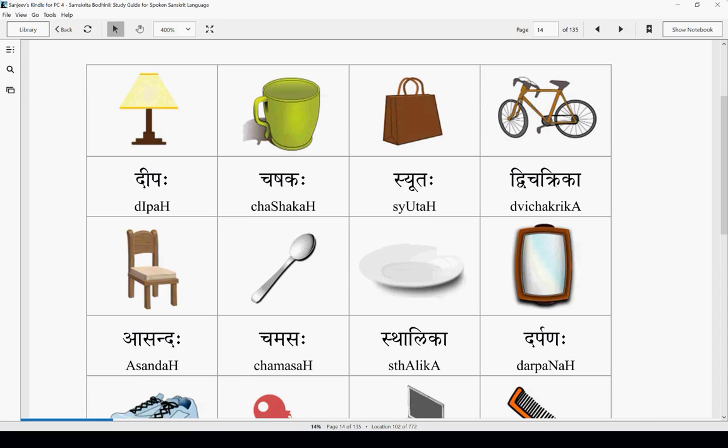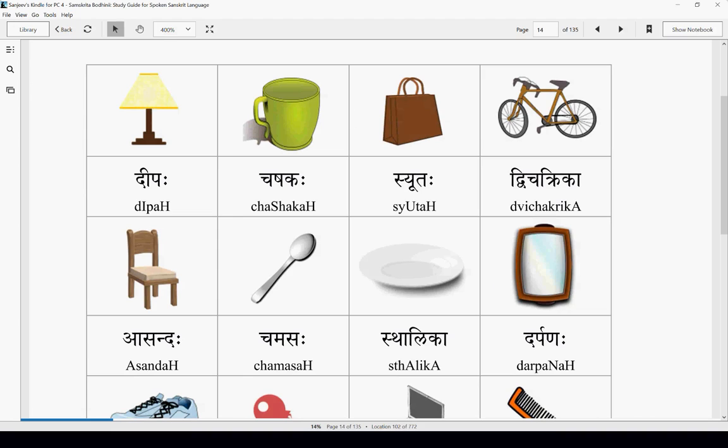Deepaha, Shashakaha, Syutaha, Dvichakrika, Asandaha. I'm not going to explain. There is no need to explain the meaning of the words, because the pictures are there. If anybody has any doubt, they can ask.